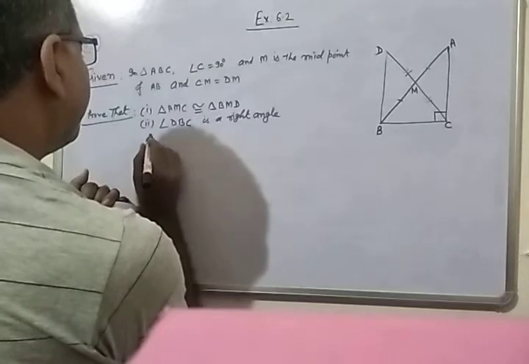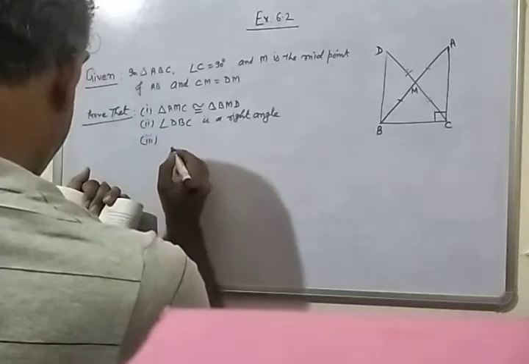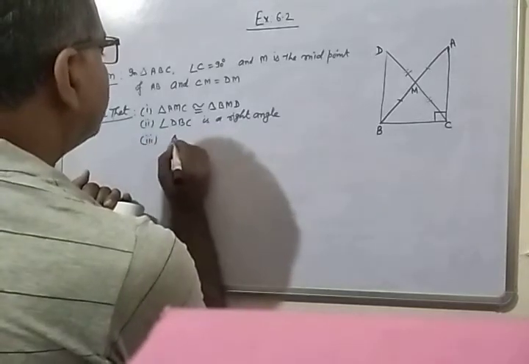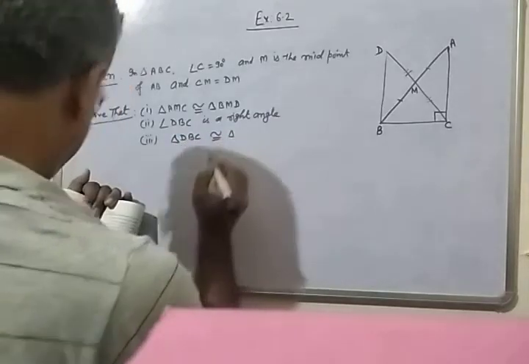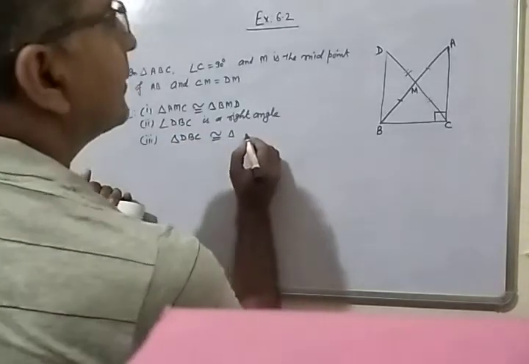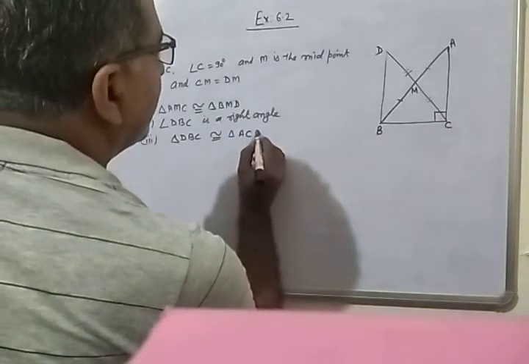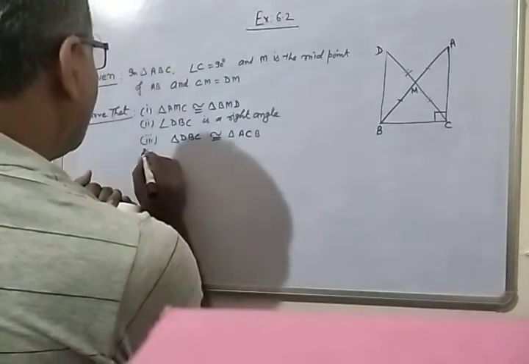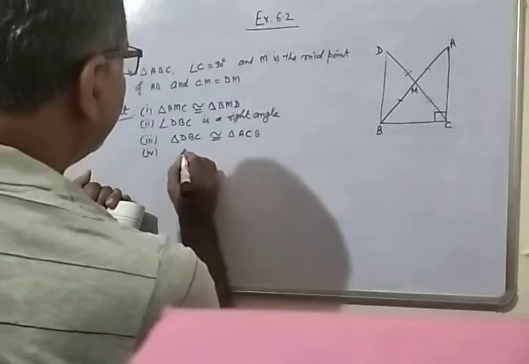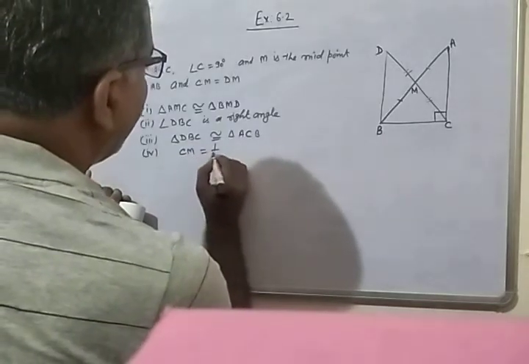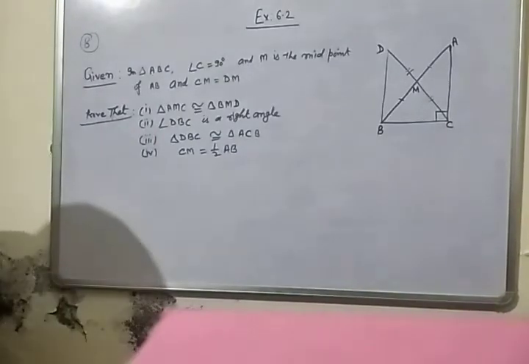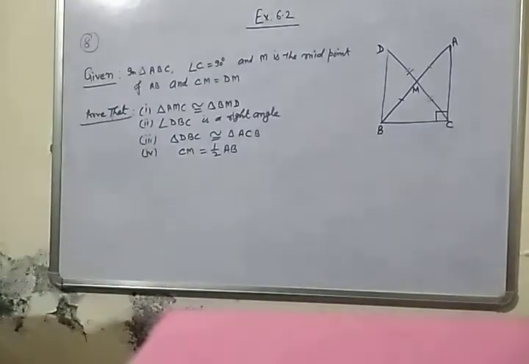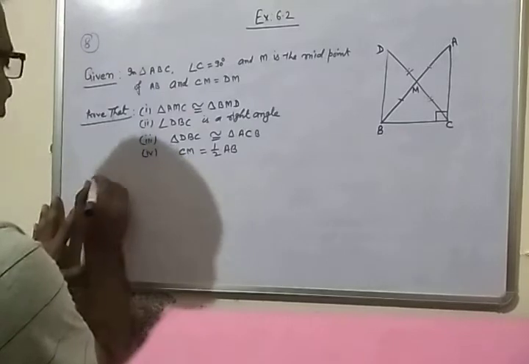Third part is triangle DBC congruent to triangle ACB, and the last one is CM is equal to half of AB. This is what we have to prove. Now, proof.